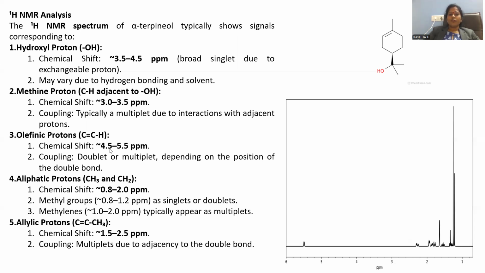That's the reason the 4.5 to 5.5 characteristic peak is observed for the olefinic proton only. When we come to the aliphatic protons, here a free CH3 is available, which is not related to any electronegative atom, so obviously it gives rise to a peak near 1 ppm only.